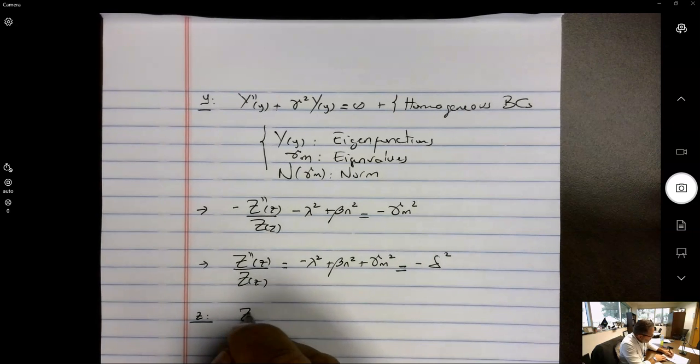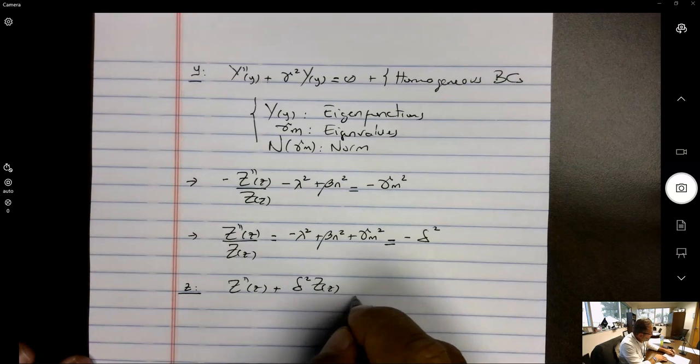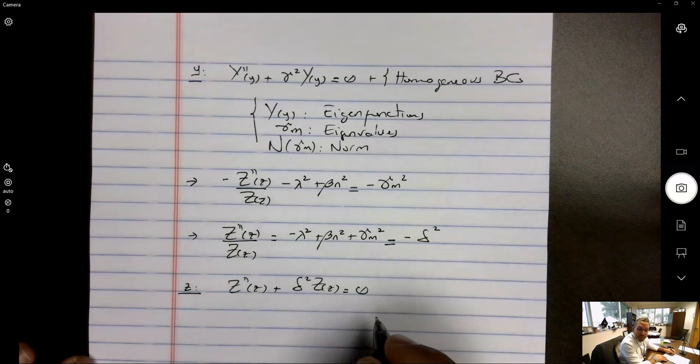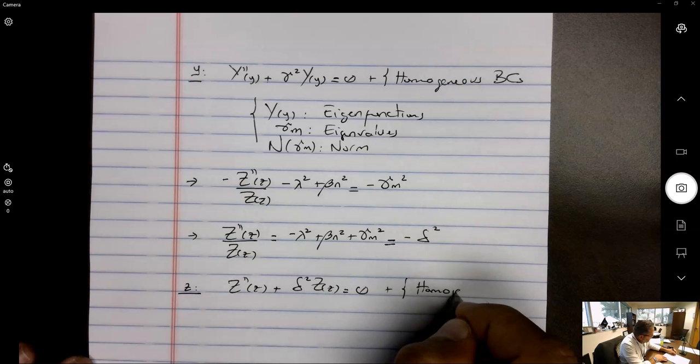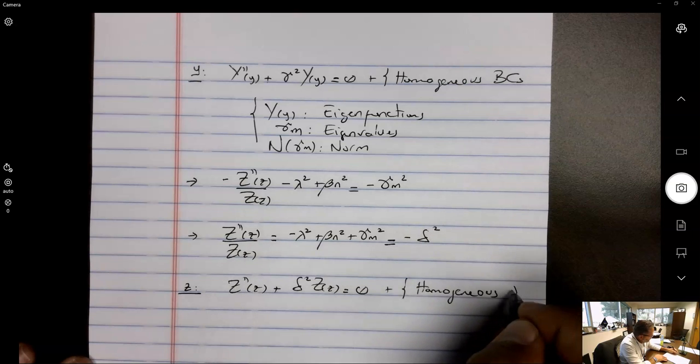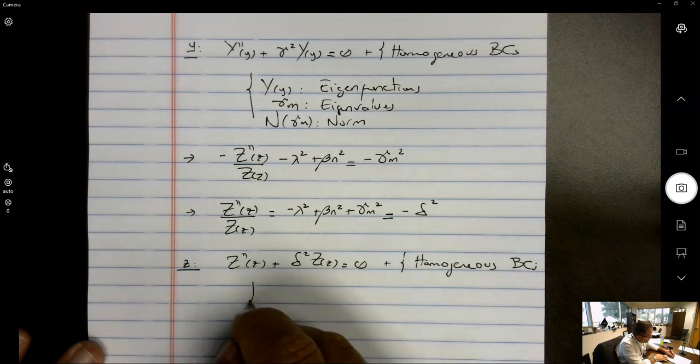Again, the problem in the z direction will look like this, which will yield solutions in terms of cosines and sines, plus a set of homogeneous boundary conditions, which will determine which one will survive, the sine or the cosine or combination of the two, and it will also determine what the eigenvalues will be.